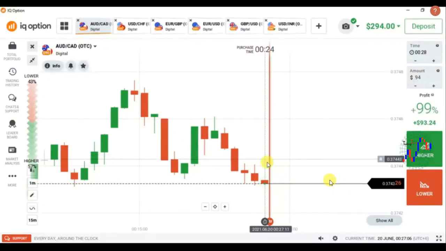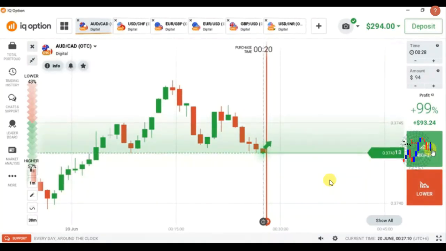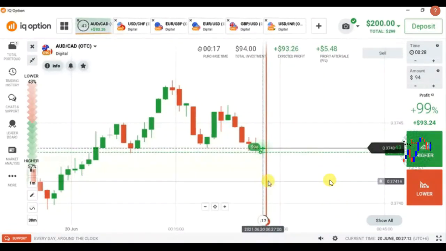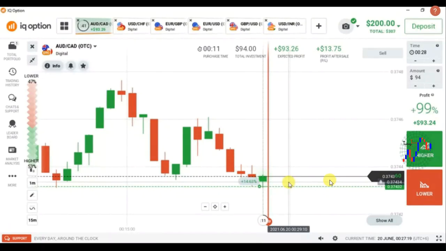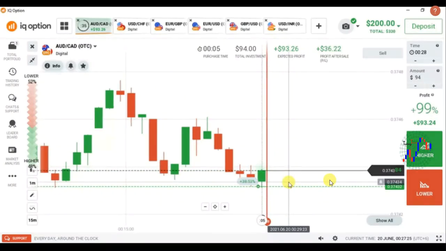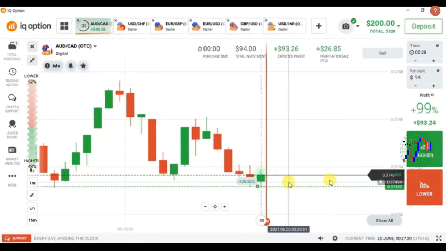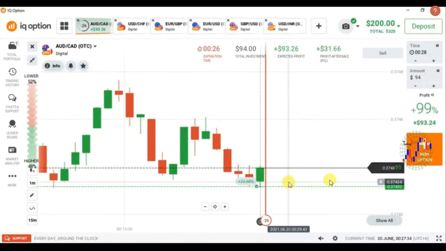Let's see, I will try to go with buyers here. Okay, I'm going to place a higher option here, and this is the trade I made just after the withdrawal, as I showed you in the video. Okay, let's see.